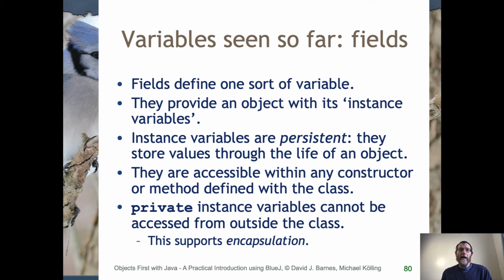Fields are accessible throughout the body of the class. So no matter where it's defined inside a class, any of the methods, any of the constructors are able to both read and write the values of those fields. We often use the word private in front of the definition of a field.